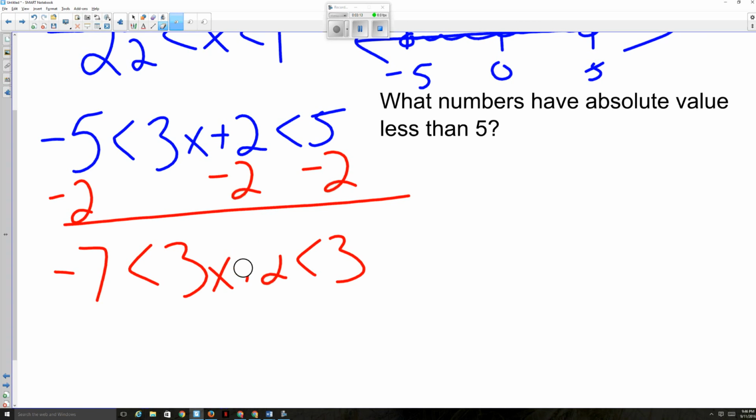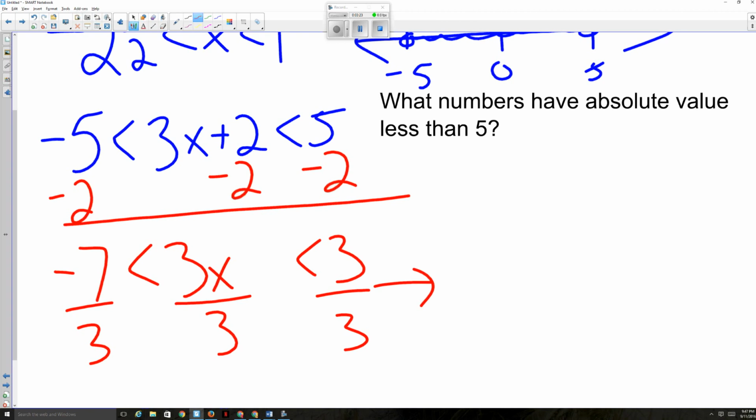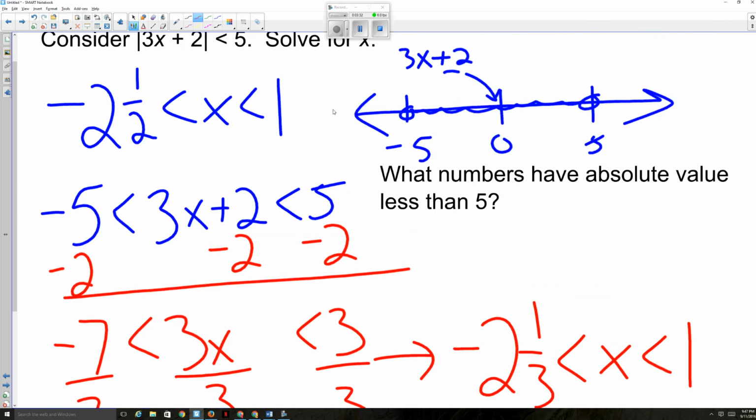So that's gone. Right, well, now how do I get rid of that 3? So I'll have to divide by 3, divide by 3, divide by 3. So what I get is -2 1/3 is less than x is less than 1, which is what we saw when we had the graph.